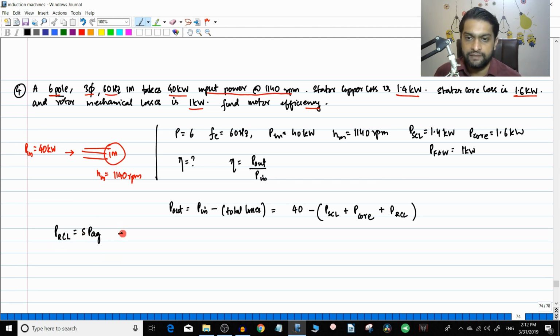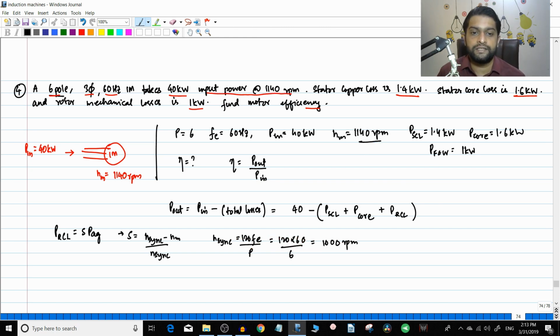For the S value, the best formula we can use here is N sync minus Nm divided by N sync. N sync is equal to 120 F electrical divided by P, Nm they have already given. So it will be 120 into 60 divided by 6.